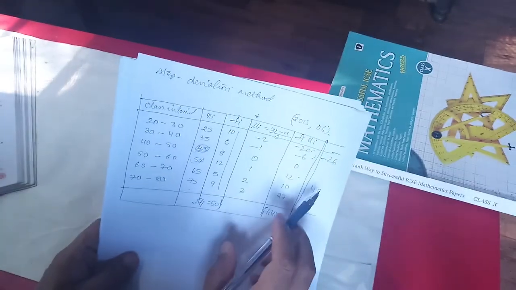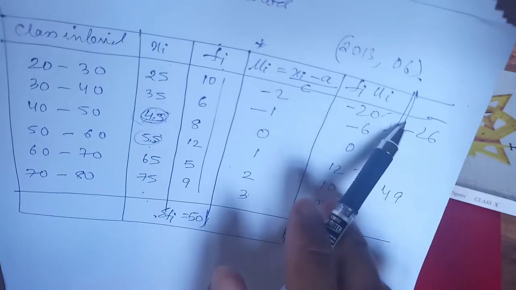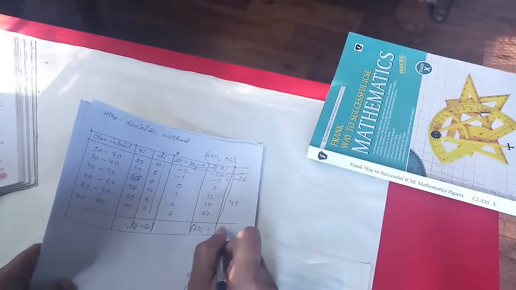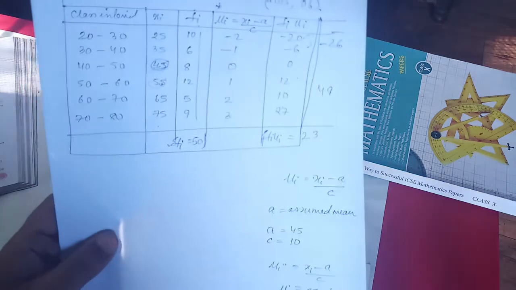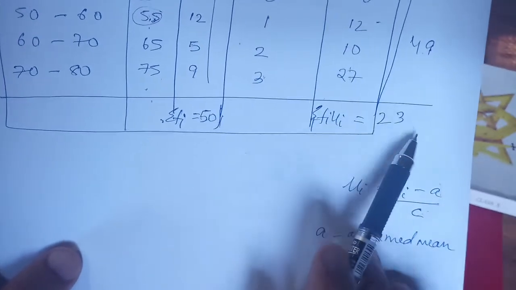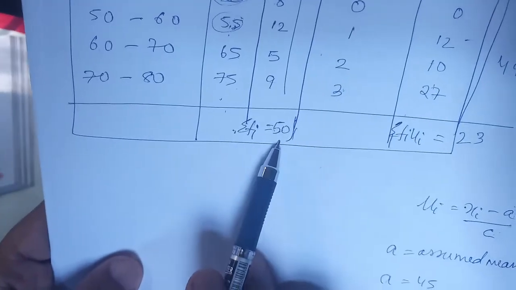Yes, 49. Now 49 minus 26, this has to be subtracted because there is minus. So 9 minus 6, 3, you get 23. Did you get 23? So see, summation fi ui you got 23, summation fi you got 50.